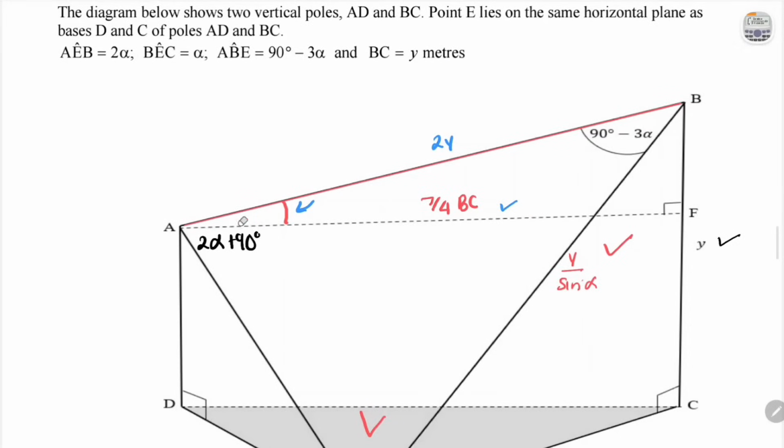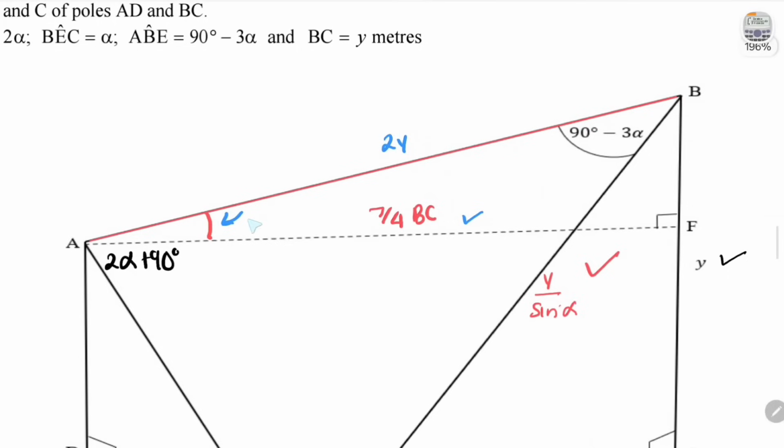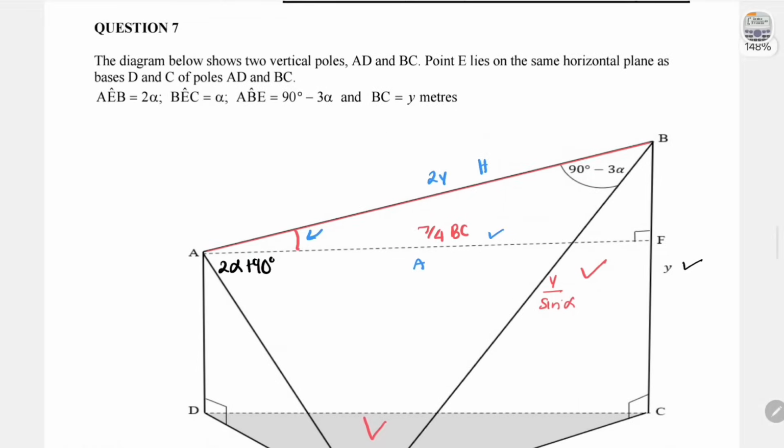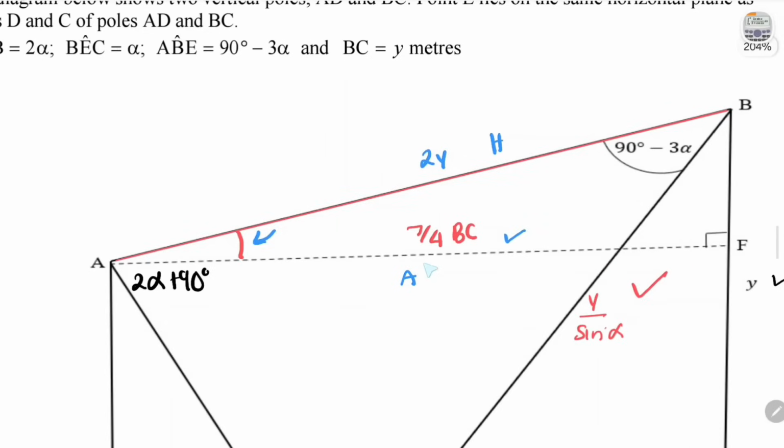Therefore, we can just use this right angle triangle to find this angle. So in reference to this angle, this is the adjacent side. And this side that we have here is the hypotenuse because it's right opposite the right angle. So we'll be using adjacent and hypotenuse, meaning we're using cos. So let's say cos of this angle BAF is equal to the adjacent side, 7 over 4y over 2y.